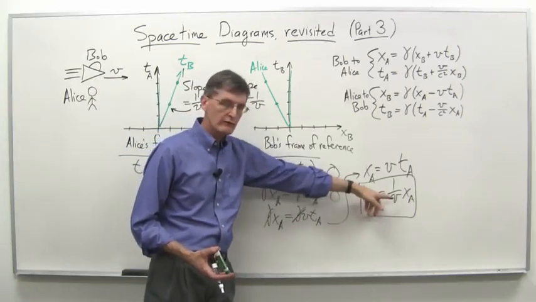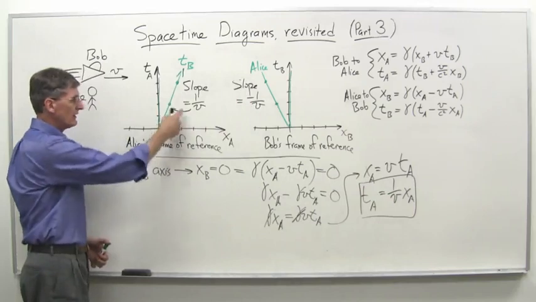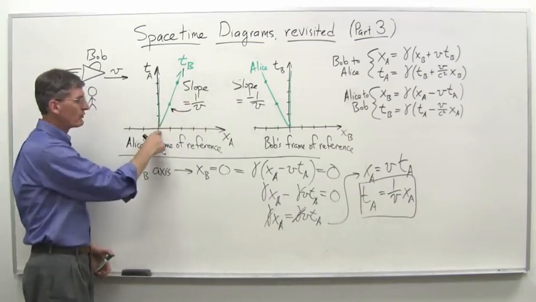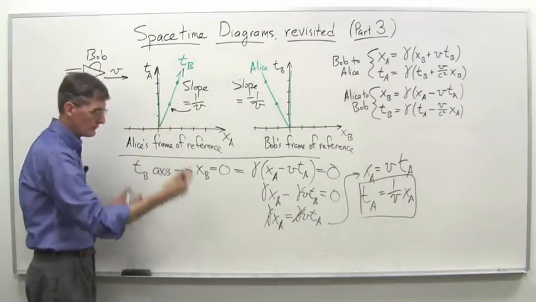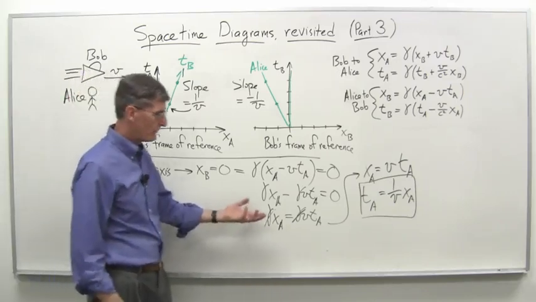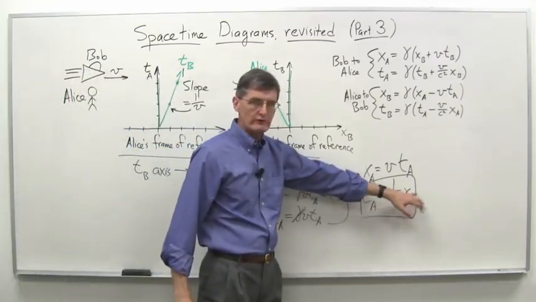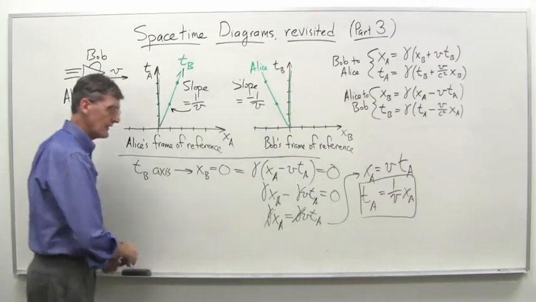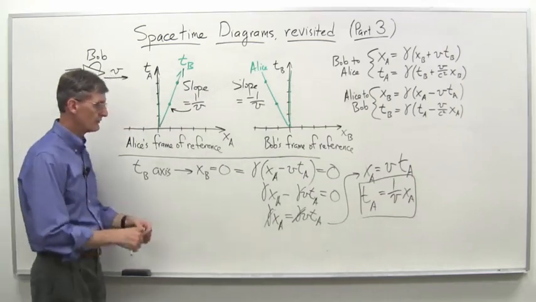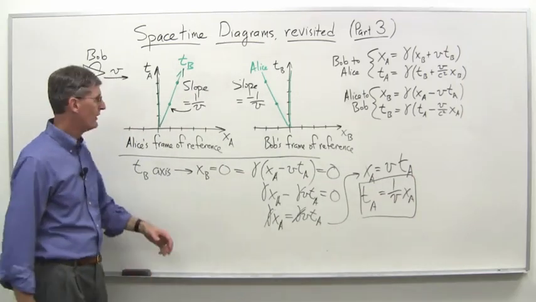T sub A equals 1 over V X sub A. And that is exactly this line here with slope 1 over V. It goes through the origin. For those of you who remember about the y-intercept of the equation of the line, the y-intercept is 0 here. Again, we're not going to push that too hard, for those of you who are very fuzzy on it.